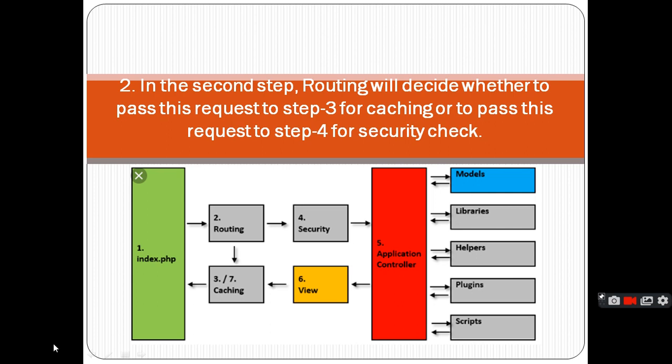This routing will decide whether to pass the request to step 3 for caching, or to step 4 for the security check. The routing acts as a section which decides whether to go for caching or for security.